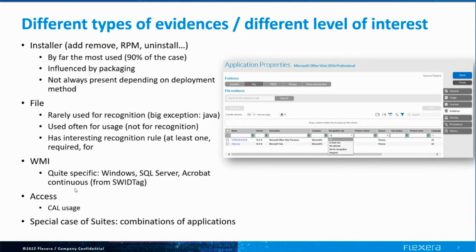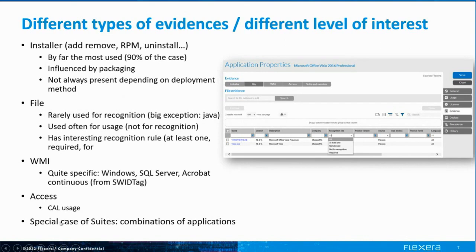Or you will also get SQL client access logging, which unfortunately cannot be so useful for the SQL CAL because that could be multiplexing. So you could have one user, SA, accessing the application with 25 people behind the scene using a Flexera manager, for instance. So I would say the access usage is not so much used for the classical application recognition.